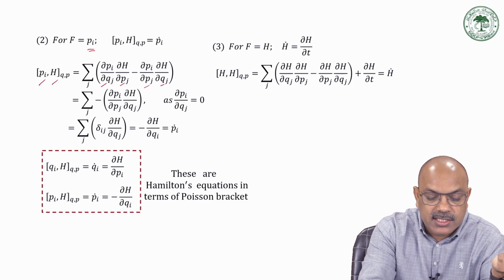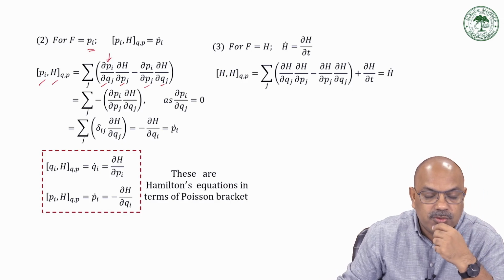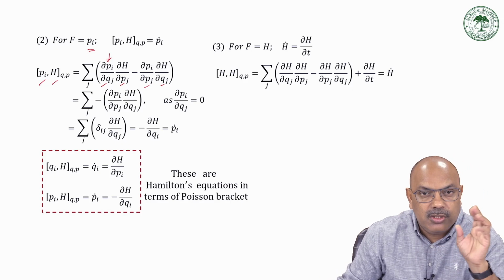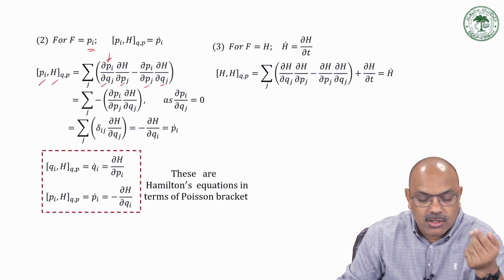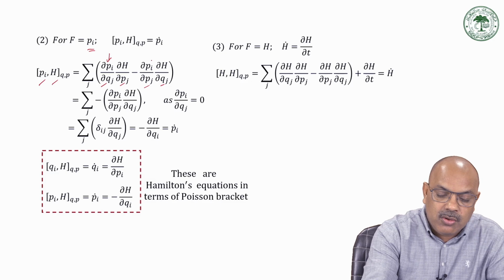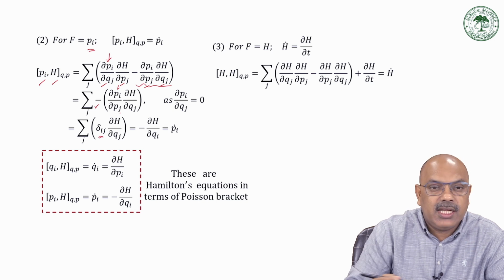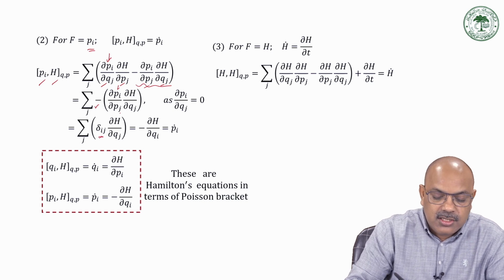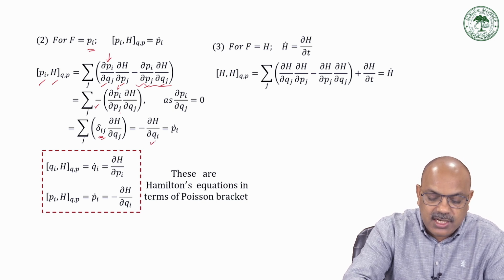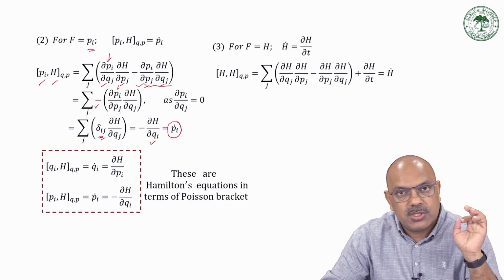Now the derivative of p with respect to q is going to be 0, because p is not going to depend upon q; it depends upon p. So we are left with the second term with the negative sign. ∂p_i/∂p_j is again δ_ij, the canonical delta. So if i equals j, I have ∂H/∂q_i, which from the definition of the Hamilton canonical equation of motion is going to give p_i dot.